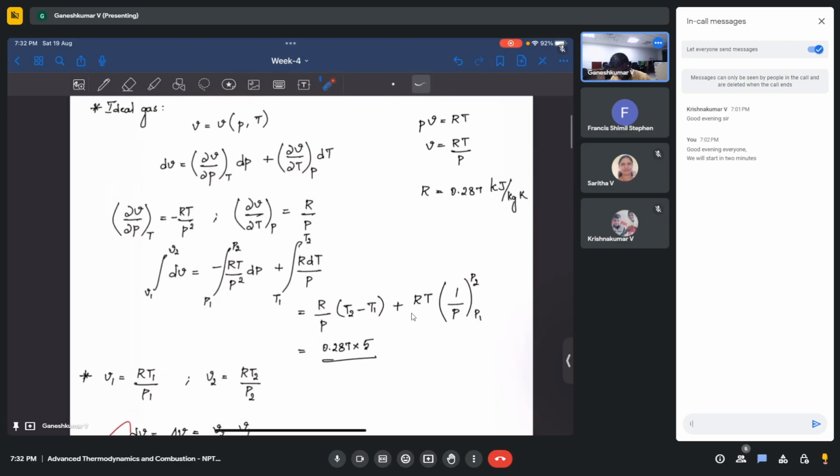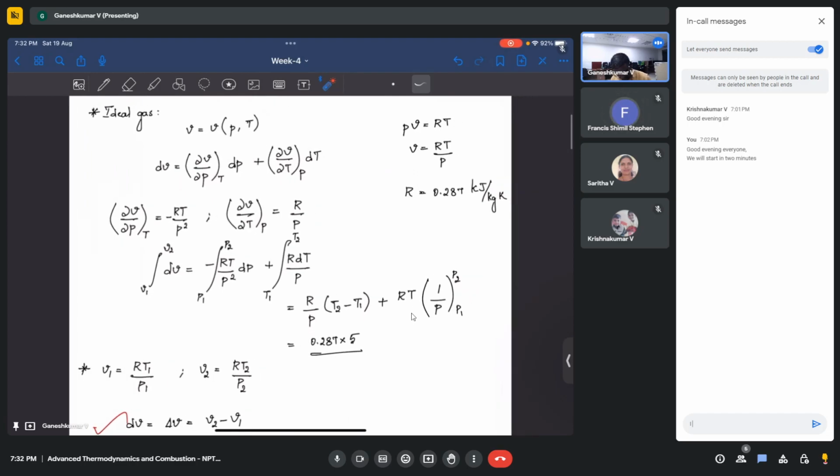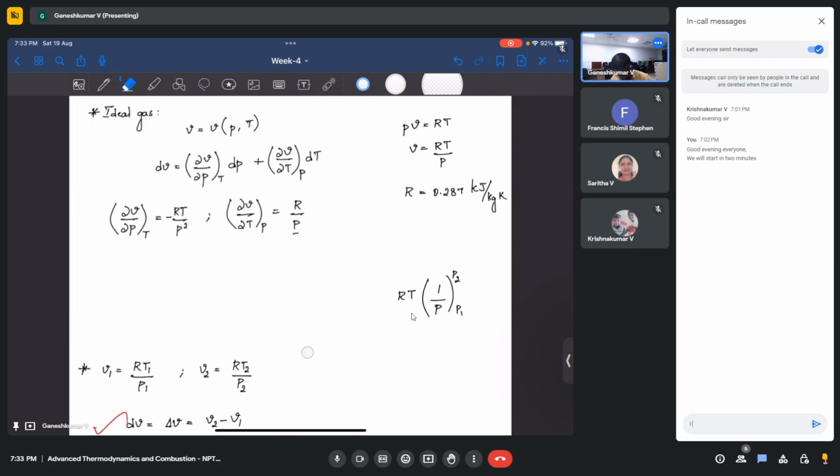So one more thing. What we need to find is dV, right? Do we need to do this integration? So why do we require this integration? Is my question clear?